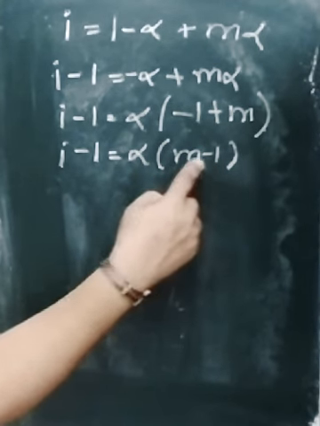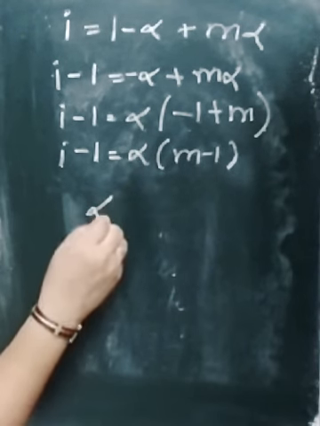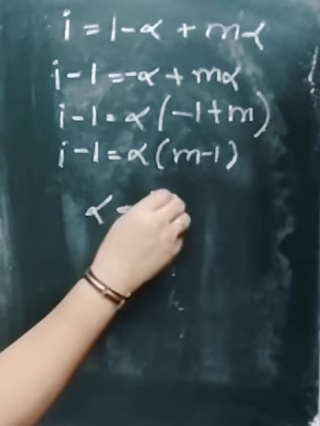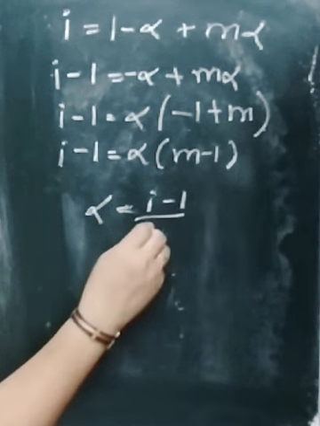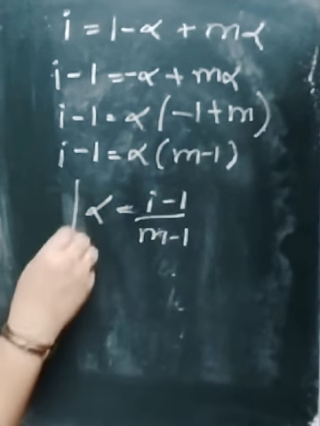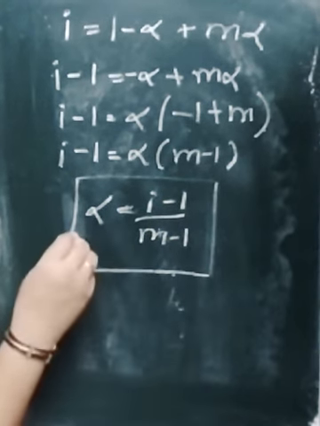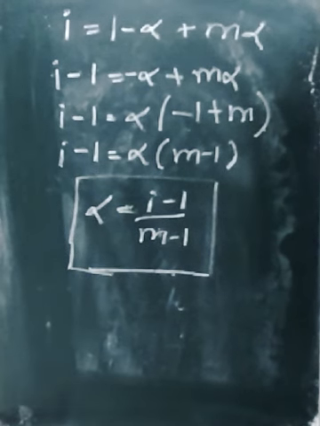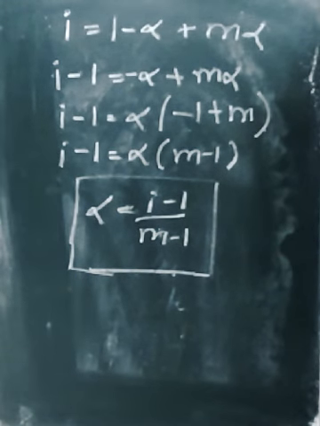From here the value of alpha will be i minus 1 upon m minus 1. This is the extent of dissociation related to van't Hoff factor.